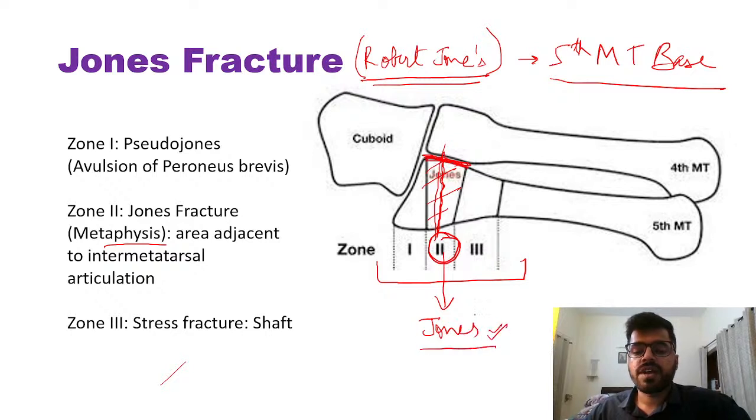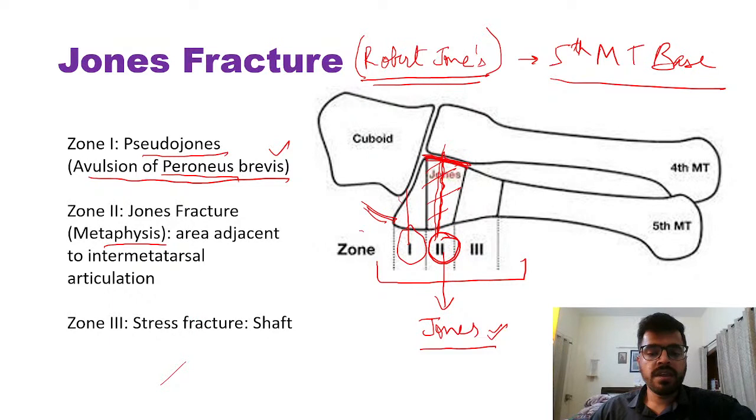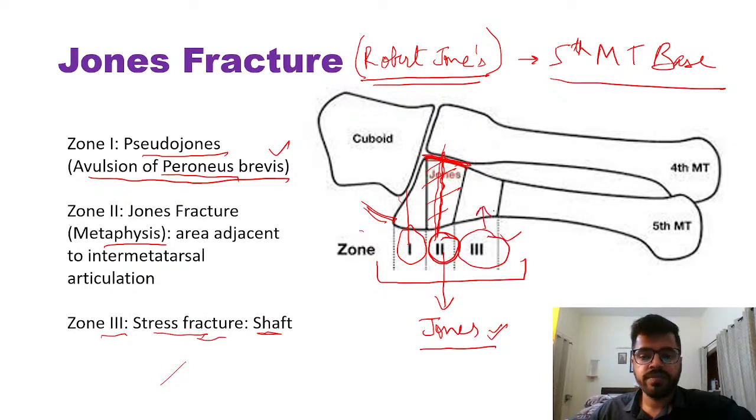The area proximal to this, part 1, is a pseudo Jones fracture. It is an avulsion fracture of the peroneus brevis tendon, as peroneus brevis is attached at the tip. And zone 3, the shaft fractures, usually occur because of stress. Here stress fractures can occur in zone 3.